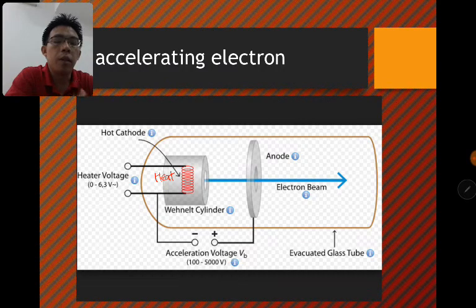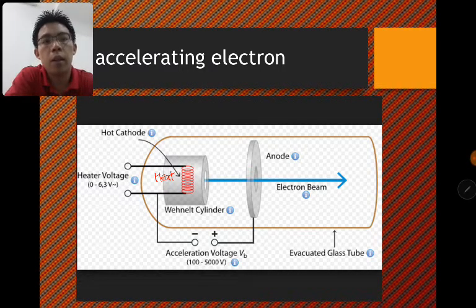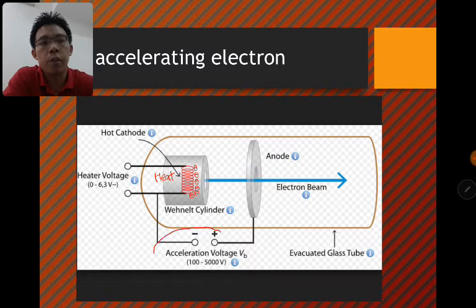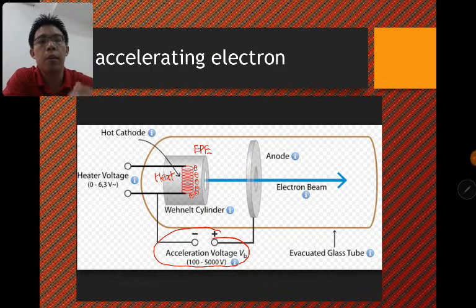From the thermal energy that they obtain, they will be heated, and therefore they will be able to break the bonds and escape from the surface of this electrode. Okay, so once they are there, the high potential here, that's the electrical potential energy. So at first they are given some heat, then they are given some electrical potential energy.